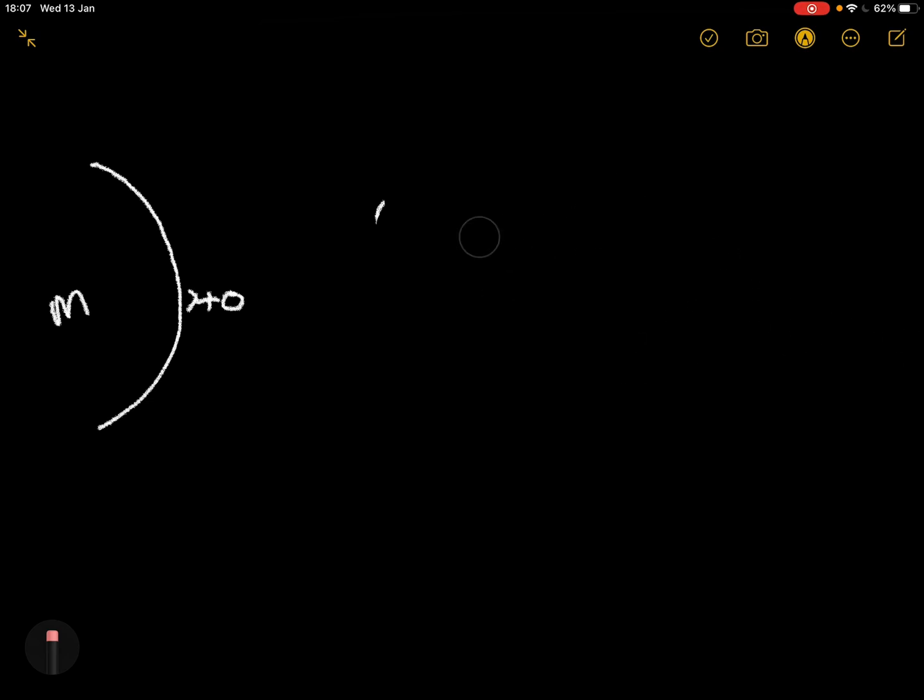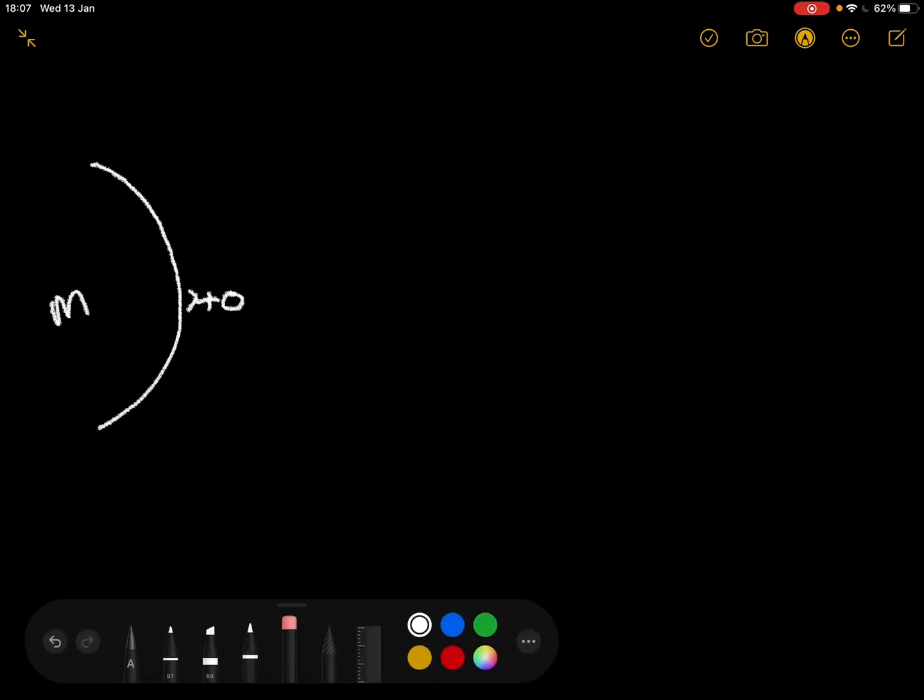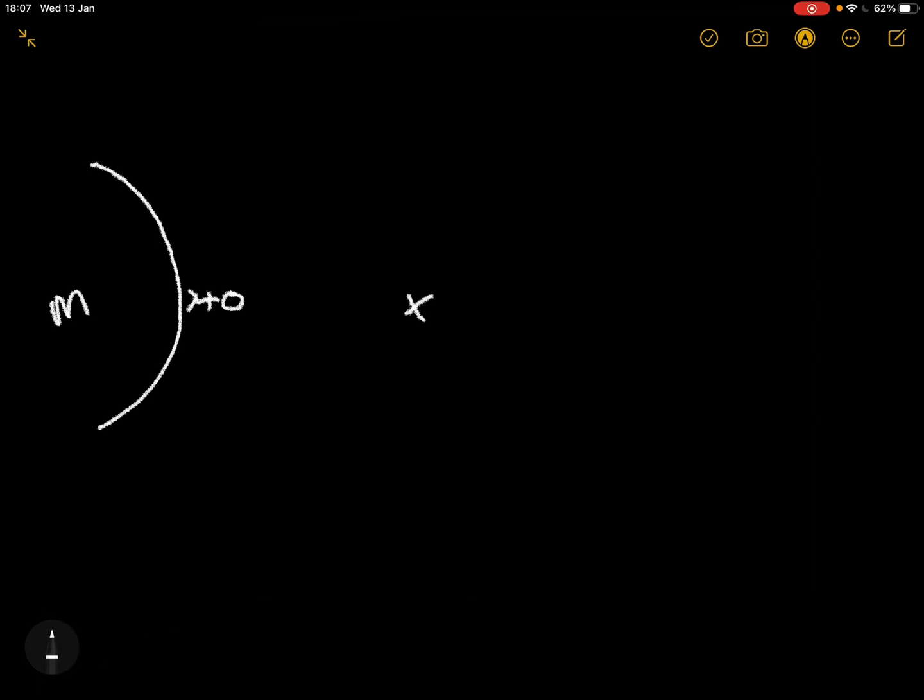So what we're going to do is define a term of what we need to do if we want to move an object to various distances.